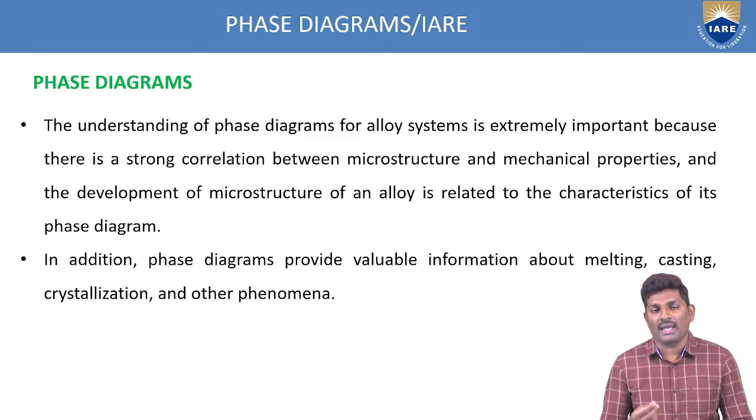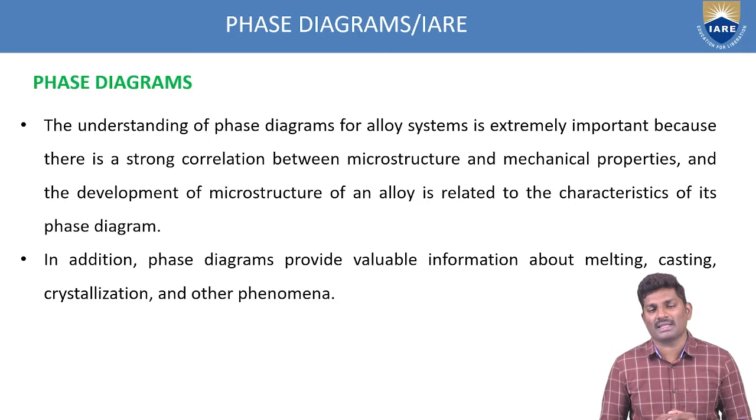At every temperature there is some change in the microstructure, as well as a change in the phase. Slowly it is converting from the solid state to a liquid state. So all these are interrelated to each other. That's why the phase diagram gives the correlation between the mechanical properties and the microstructure.